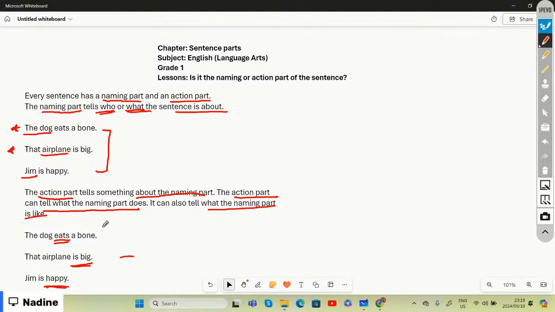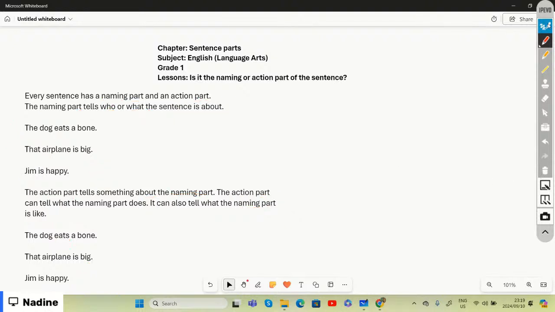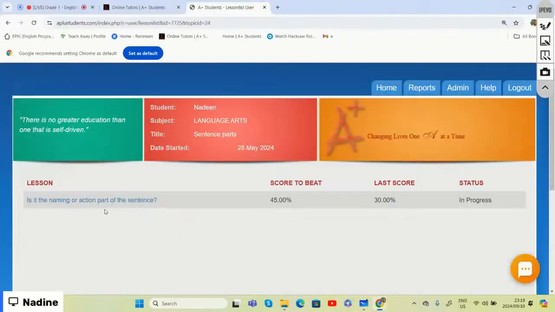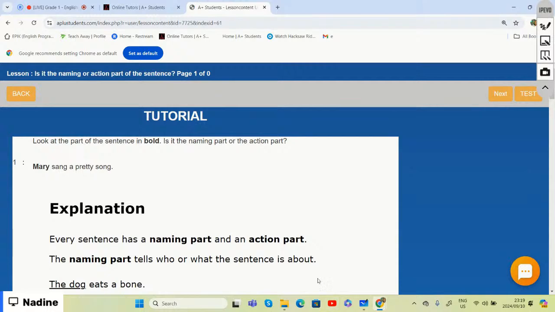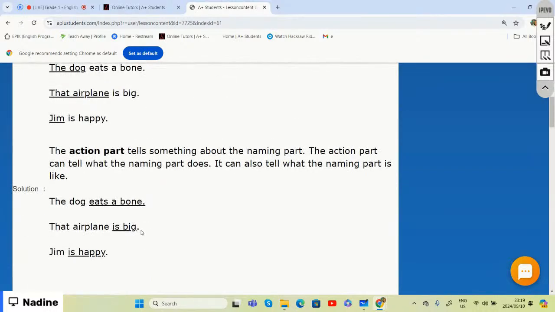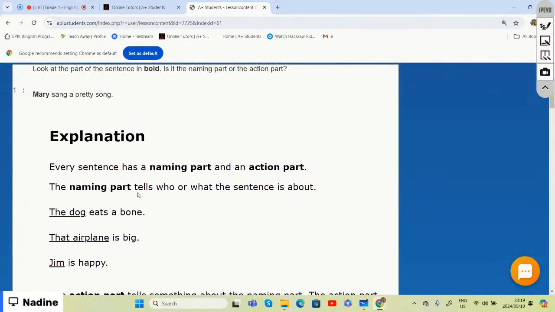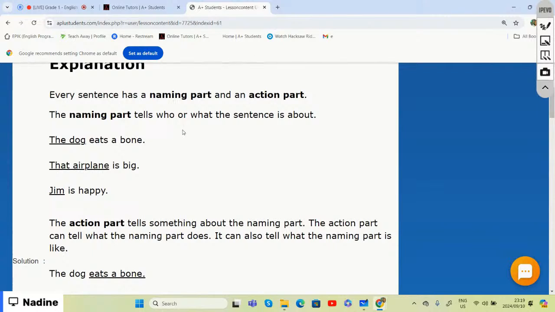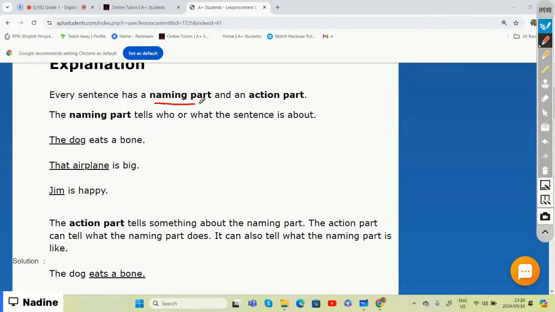All right, so now we're going to go to aplusstudents.ca and go over naming part or sentence parts. We're going to say, is it a naming or an action part of a sentence? Here, once again, every sentence has a naming part and every sentence has an action part.